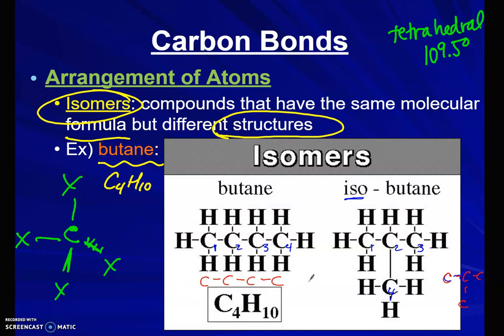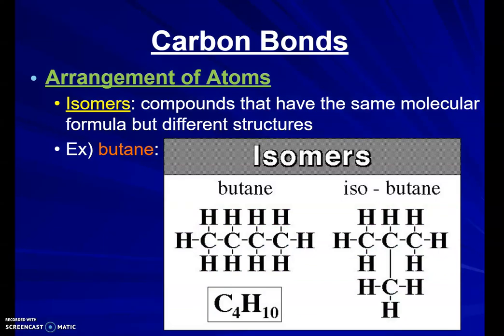All right, but you'll notice each one of them has your 10 hydrogens. 1, 2, 3, 4, 5, 6, 7, 8, 9, 10. That's C4H10. 1, 2, 3, 4, 5, 6, 7, 8, 9, 10. This is also C4H10. So both are correct.